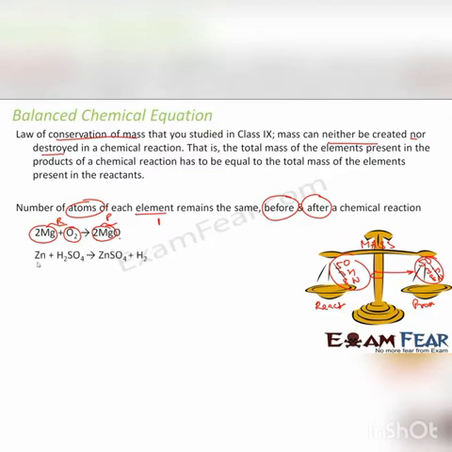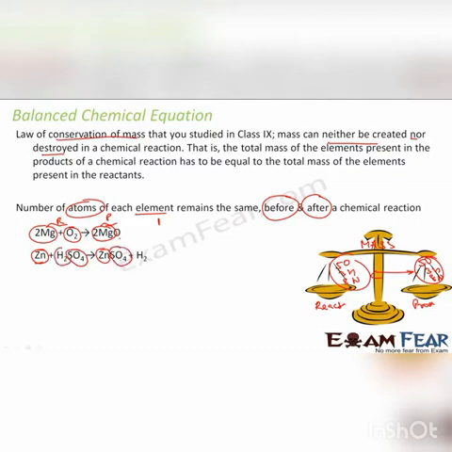Here also we will take one more example. You add zinc to H2SO4, sulfuric acid, you get ZnSO4, zinc sulfate, and hydrogen gas. Here also the zinc count in reactant is 1, product also 1. The sulfate count in reactant is 1 and product is 1.